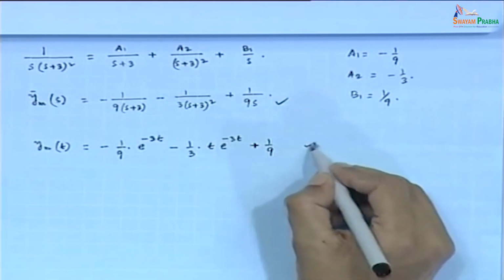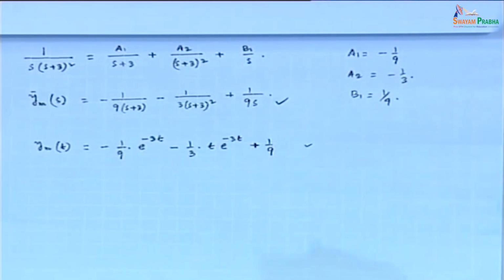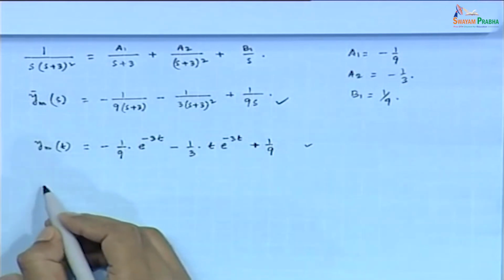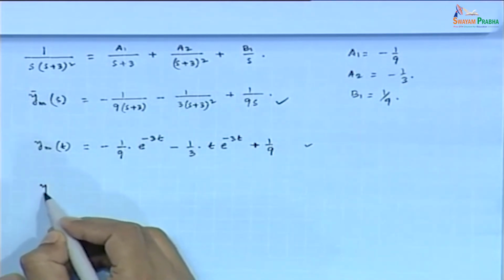So, this is the expression of Ym in time domain. In the next step, we need to find the first and second derivative of Ym.